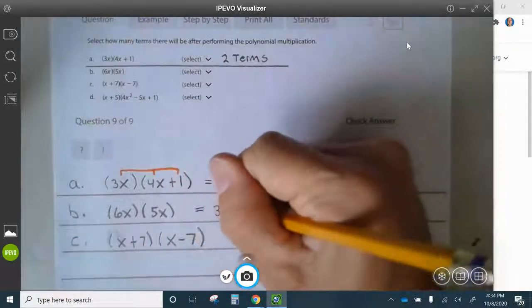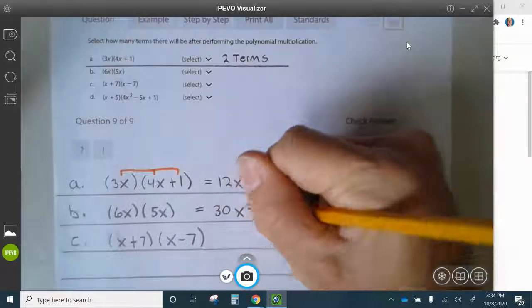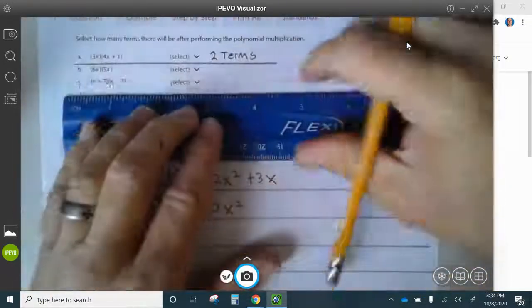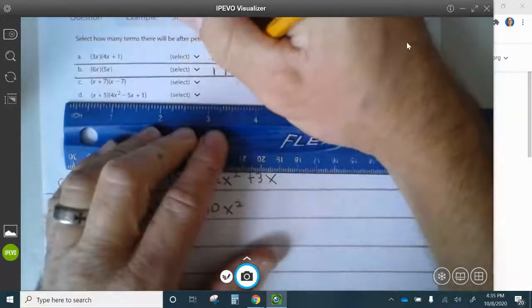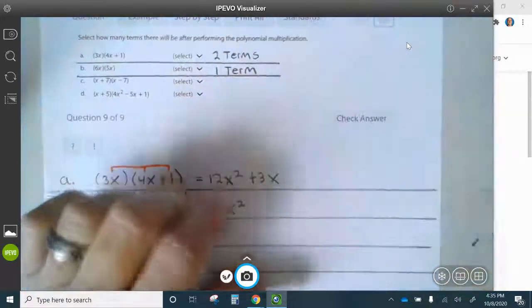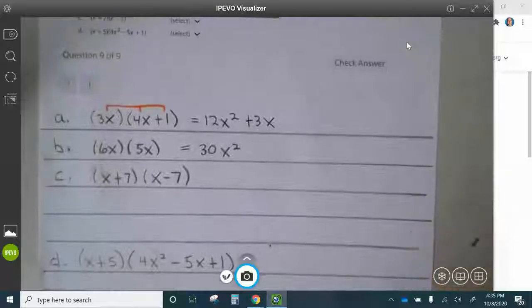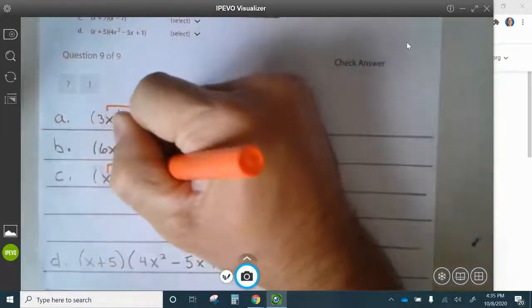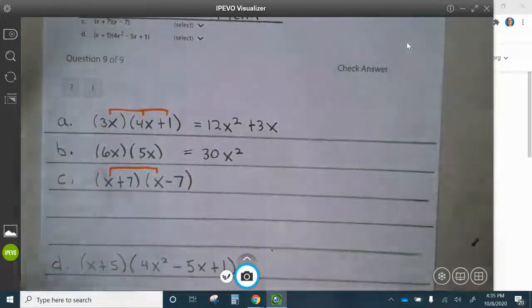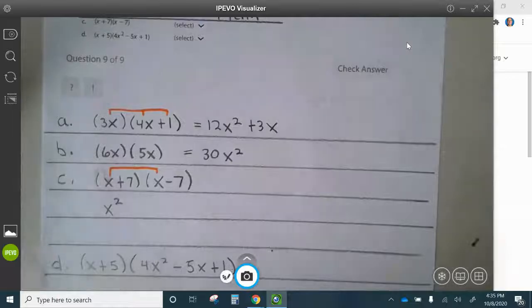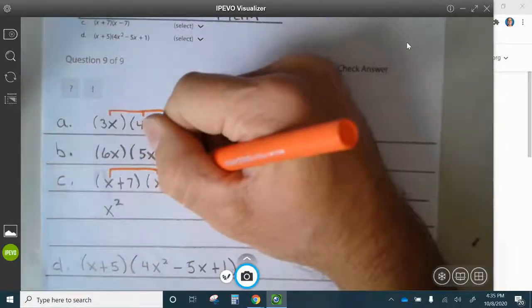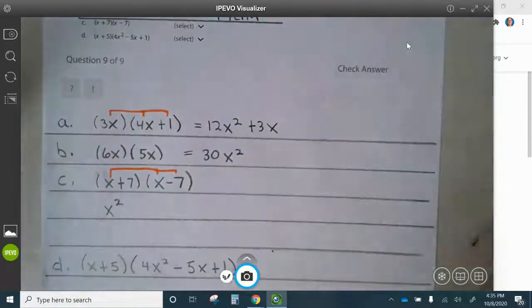So x times x is x squared. x times negative 7 is negative 7x. 7 times x is plus 7x. And 7 times negative 7 is negative 49.